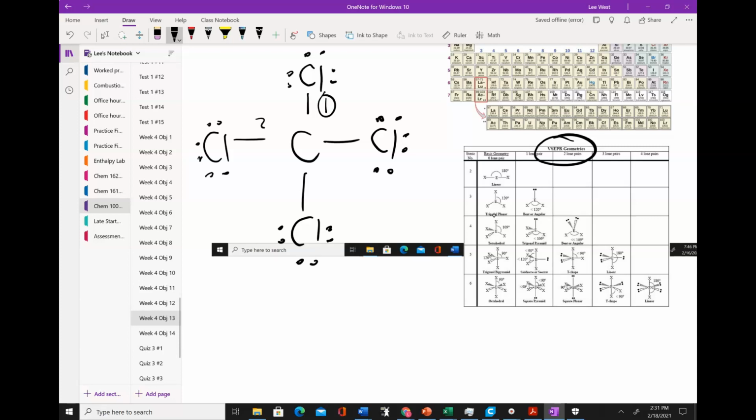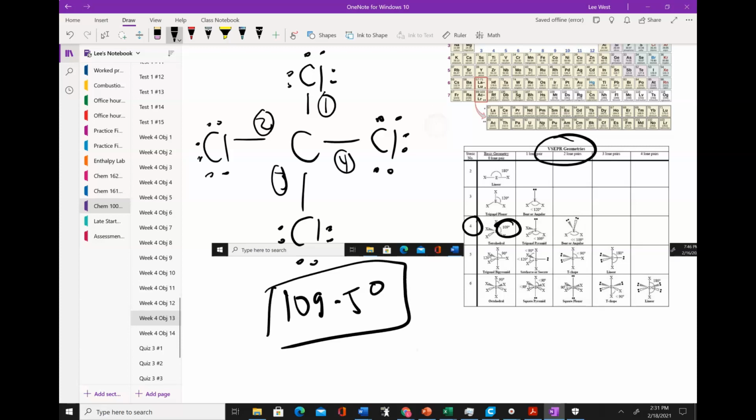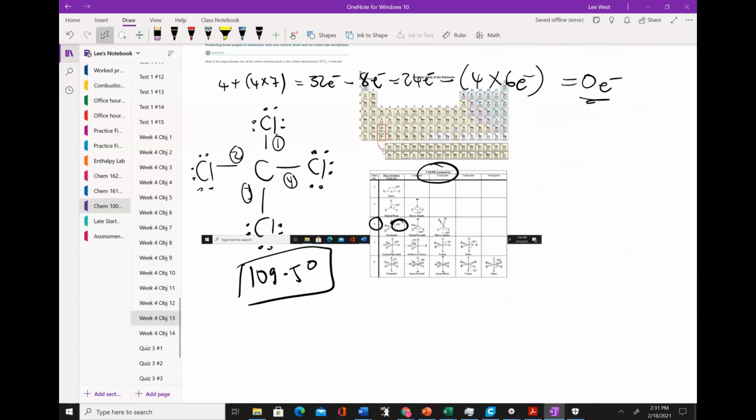So I've got 1, 2, 3, 4 bonds. This has 4 electron groups, which means it has the tetrahedral bond angle of 109. The actual correct number is 109.5, but if you put 109, I'll give it to you. So that's going to be the angle, 109.5.